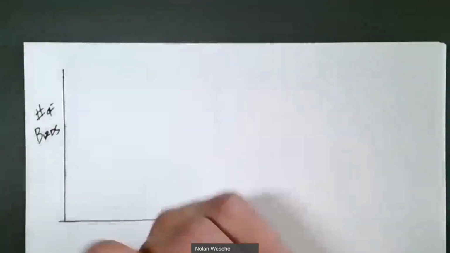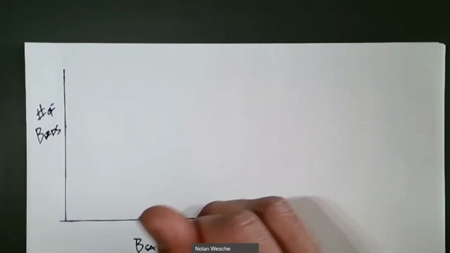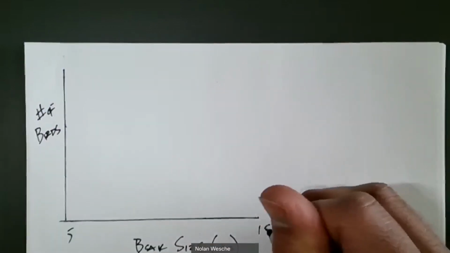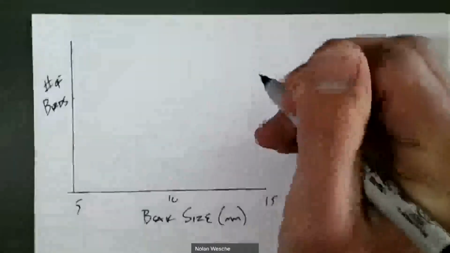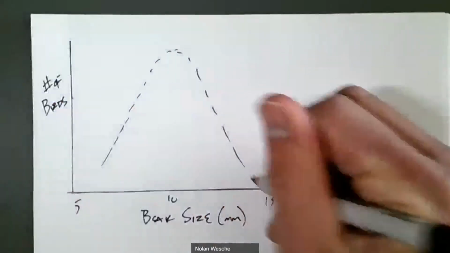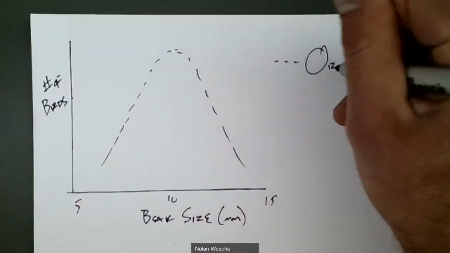And we'll have, again, number of birds, we'll have beak size in terms of millimeters. We'll have 5, 15, again, mean of about 10. So we'll have kind of this normal distribution here. Again, this is my original population.